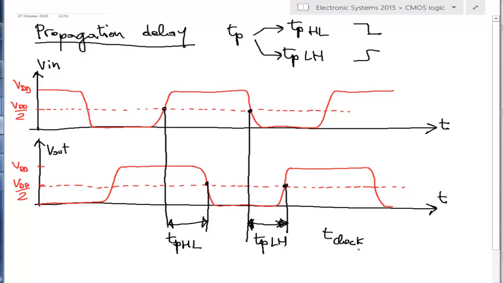So T clock has to be higher, sometimes much higher, than the max between Tp high to low and Tp low to high. So it is important to keep both of them under control. The lower we can make them, the faster we can go, and the more performing is the digital circuit.